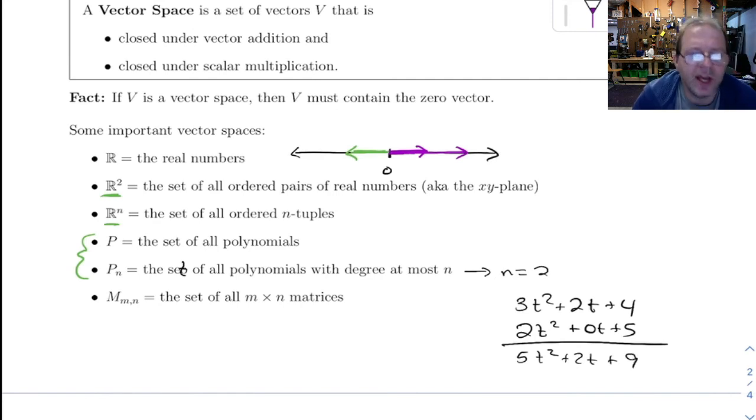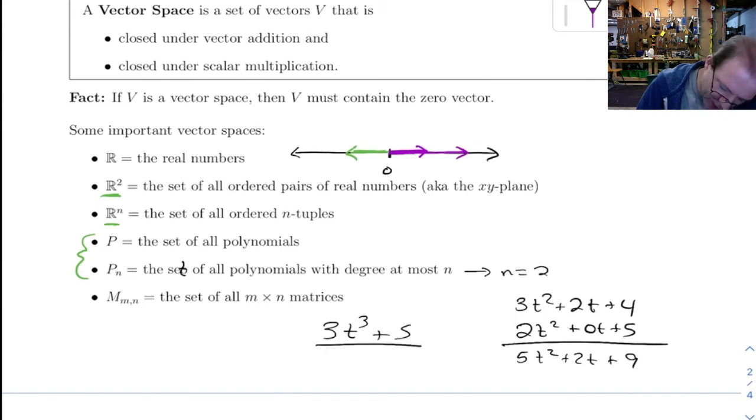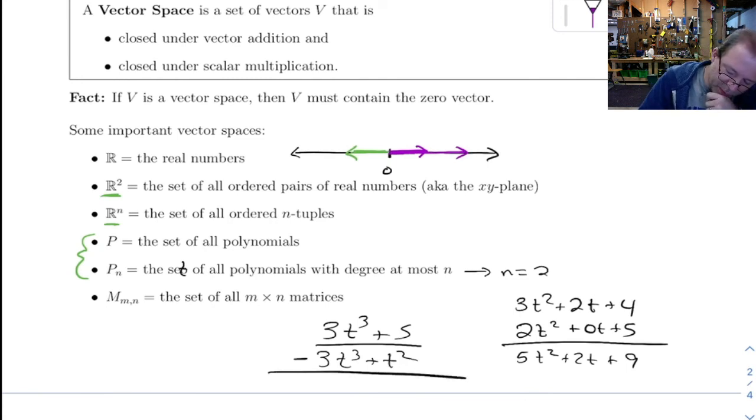Now, why do we have to say at most n? Why can't we just say n? It's because if you take, say, 3t cubed plus 5, and you add minus 3t cubed plus t squared, these are both cubic polynomials, but when you add them together, you get a quadratic polynomial.